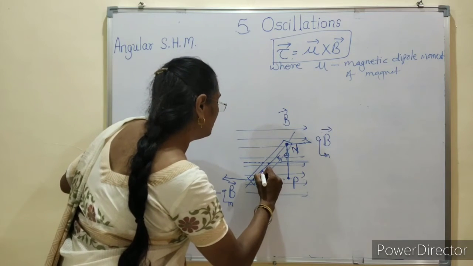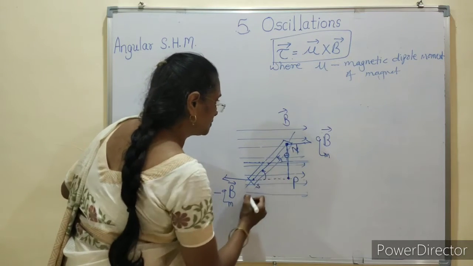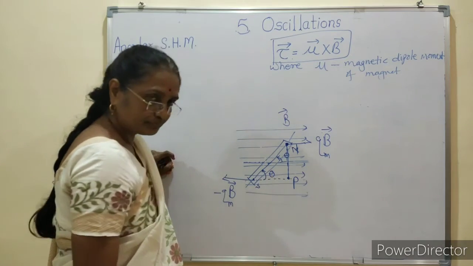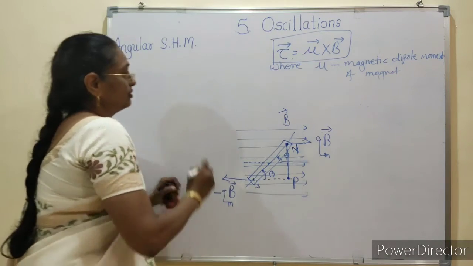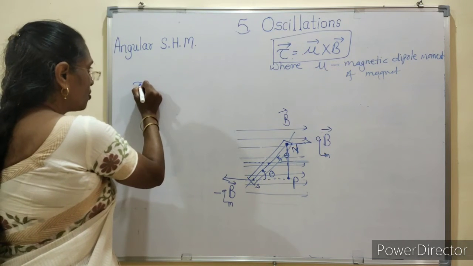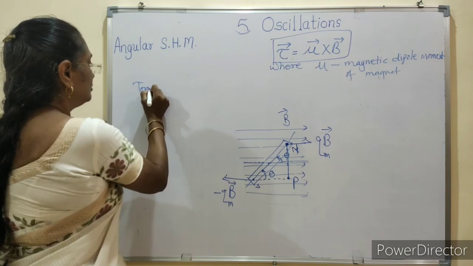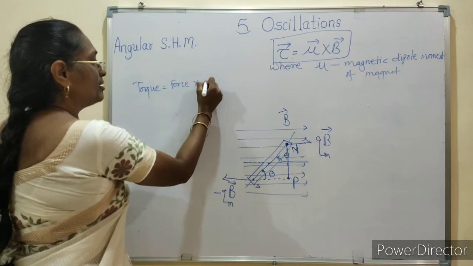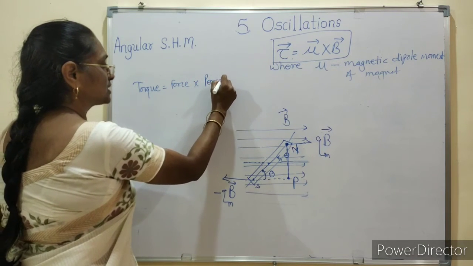And here the angle between SN and the field is equal to theta.